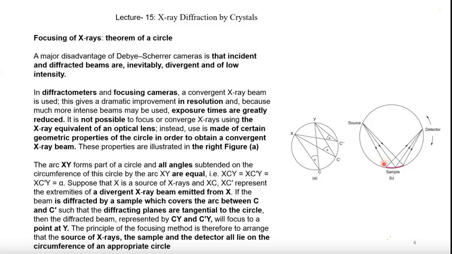That is the theorem of circles, and we will see that it is used to construct the linear focus camera. Next slide.